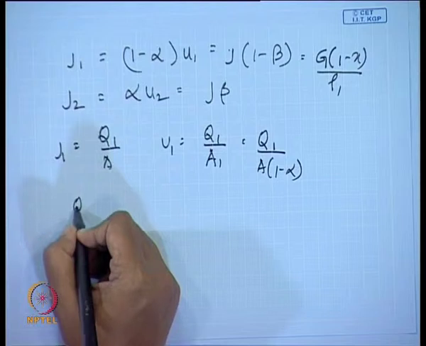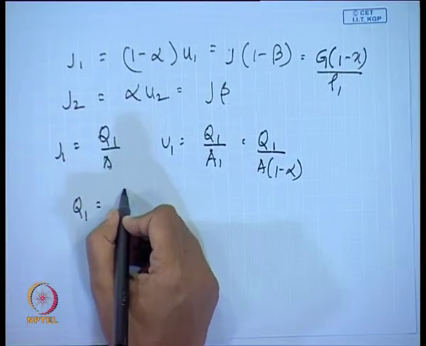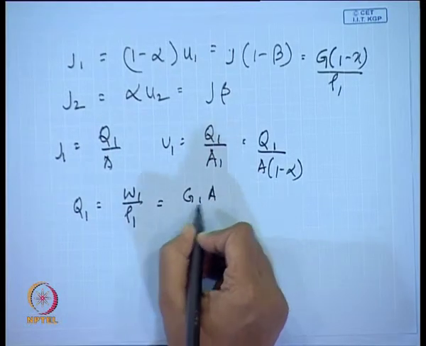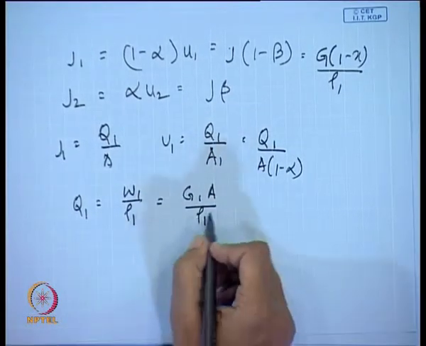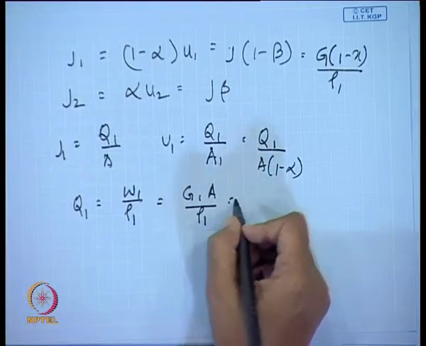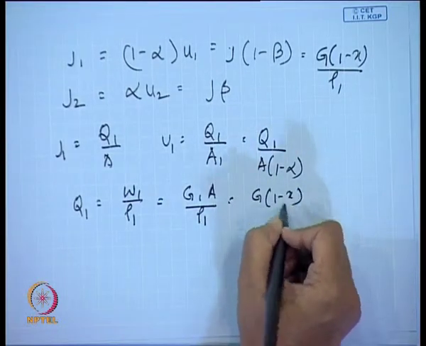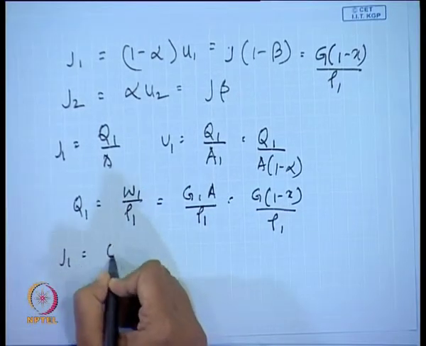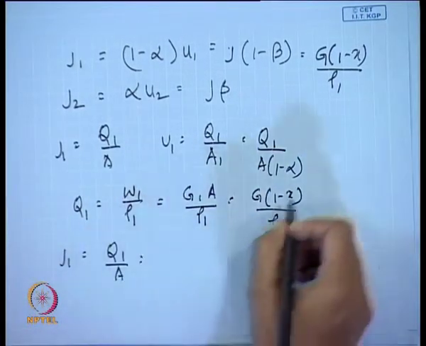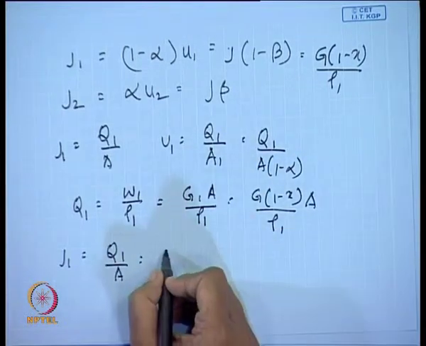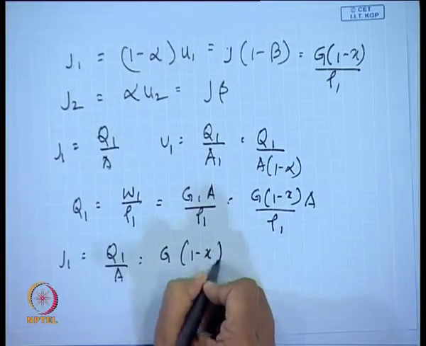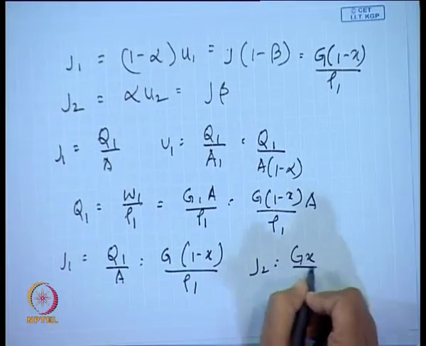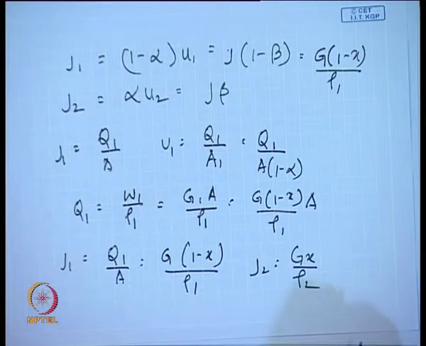Because we know Q1 is W1 by rho 1, which is G1 A by rho 1, or G into 1 minus x by rho 1, and therefore J1, which is Q1 by A, is going to be G into 1 minus x by rho 1. Similarly, J2 equals Gx by rho 2.